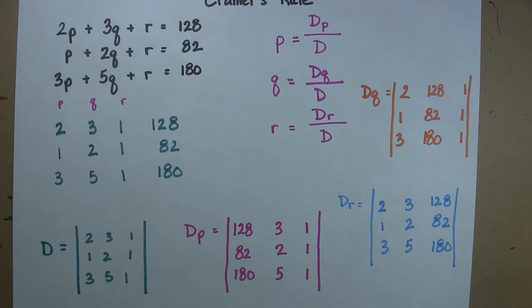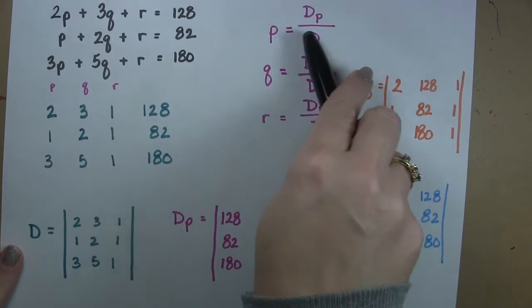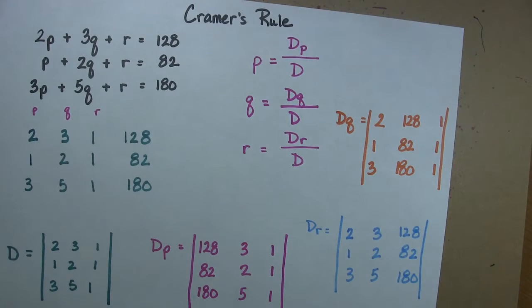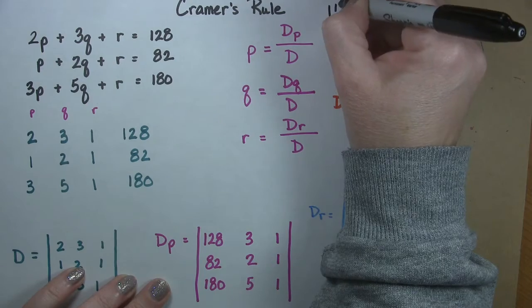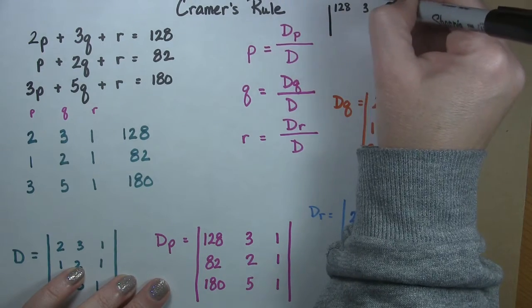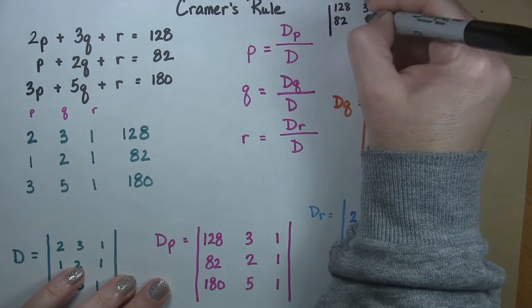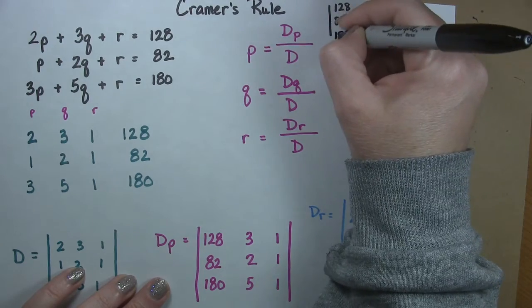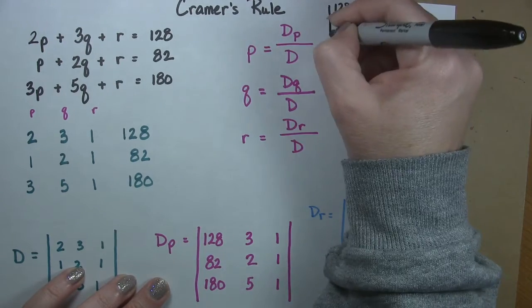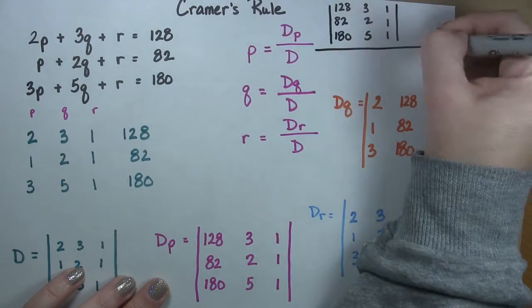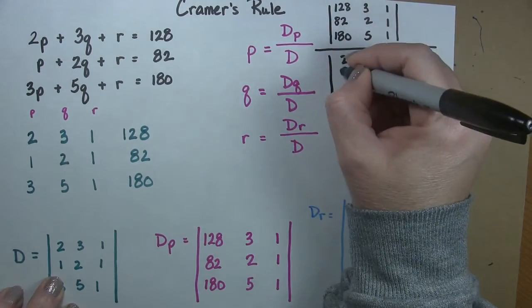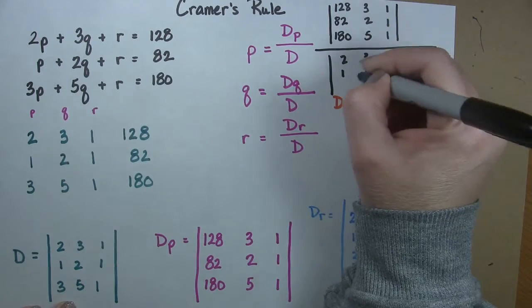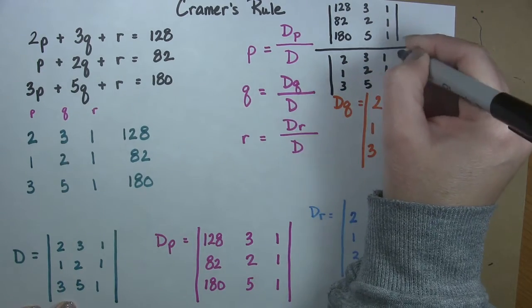Okay, that's it. So if we wanted to calculate the value of P, we would say, all right, well, it's D sub P, so that's 128, 3, 1, 82, 2, 1, 180, 5, 1, make my lines a little bit longer, divided by 2, 3, 1, 1, 2, 1, 3, 5, 1.